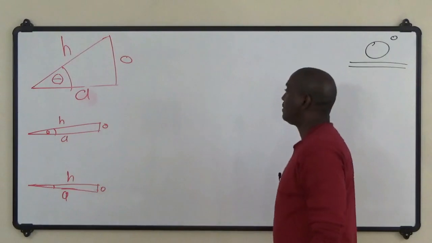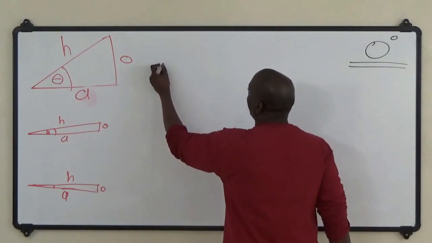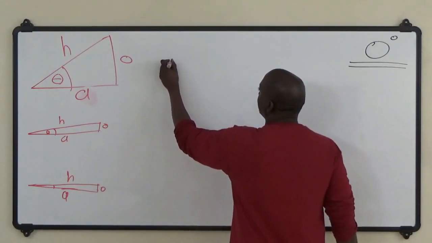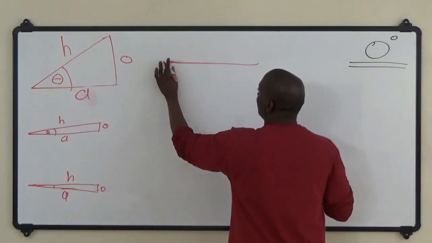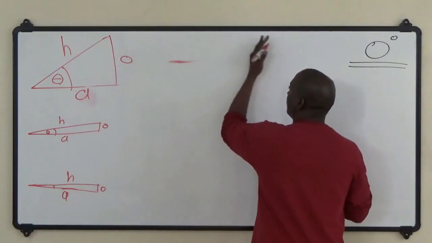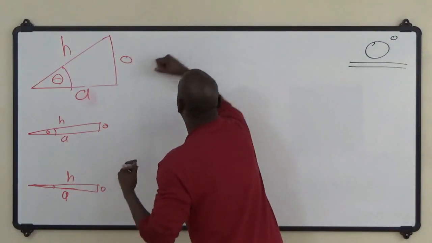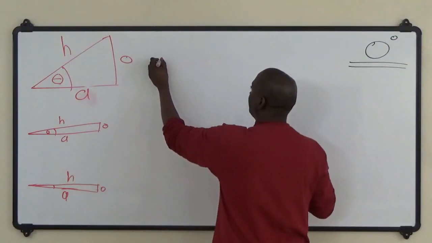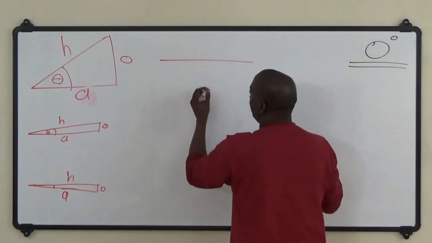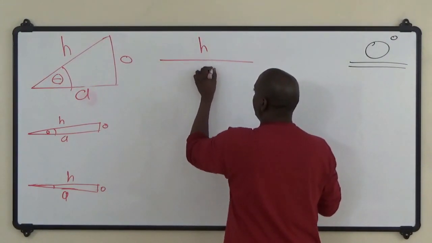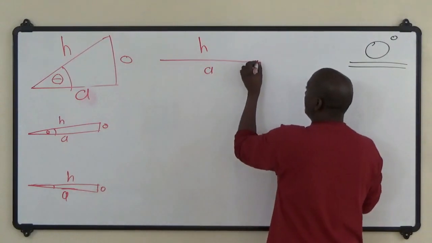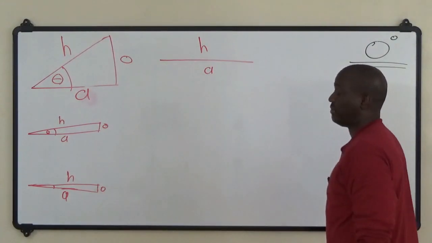And if that angle is equal to 0, what you in fact have is a straight line. That is what we mean when we talk about 0. Right? You would end up with a straight line where the hypotenuse would merge with the adjacent side and the opposite side is equal to 0.